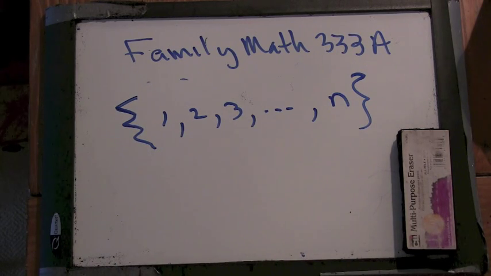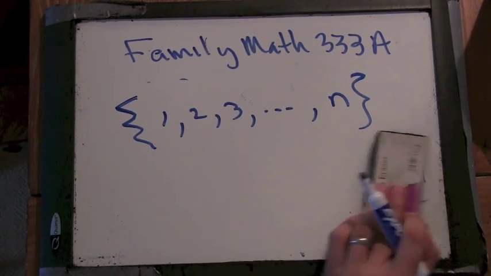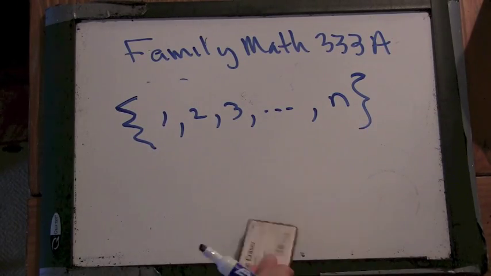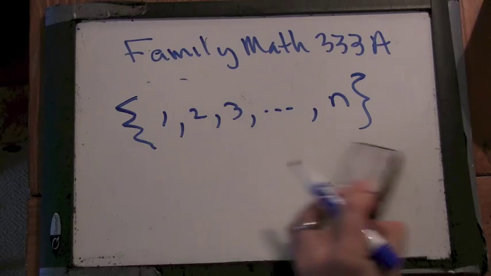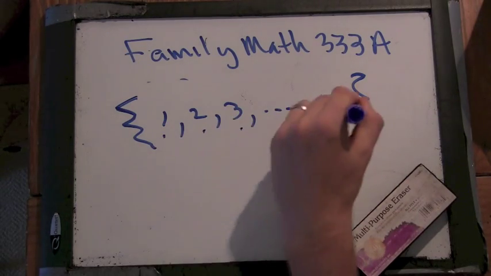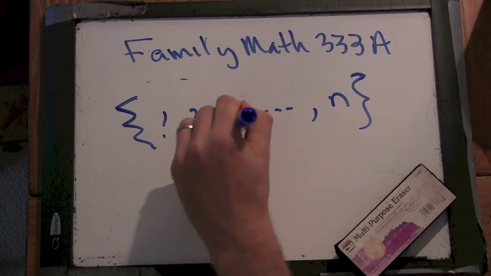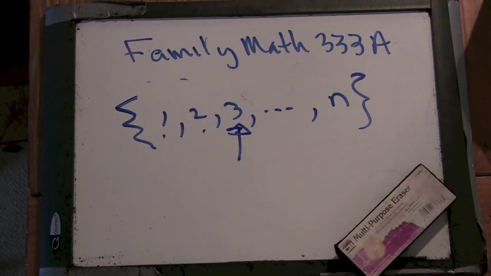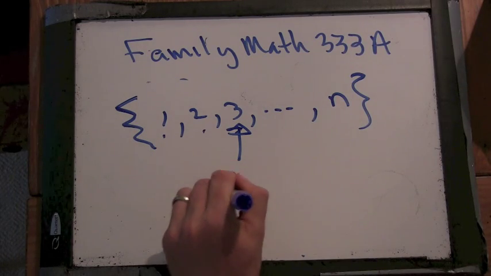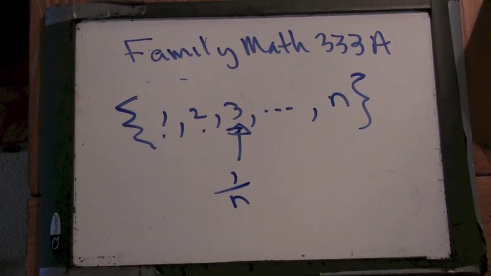If I go up to n, what's the probability when I pick one integer that I pick 3? Well, it's 1 out of n. Yeah, it'd be 1 over n. And then I let n get larger and larger and see what happens.